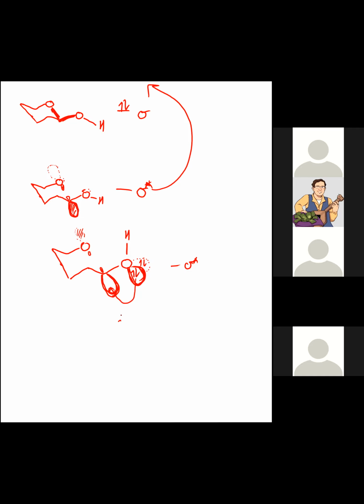So we have donation of oxygen's non-bonding electrons into the sigma star of the C1 O-ring bond.